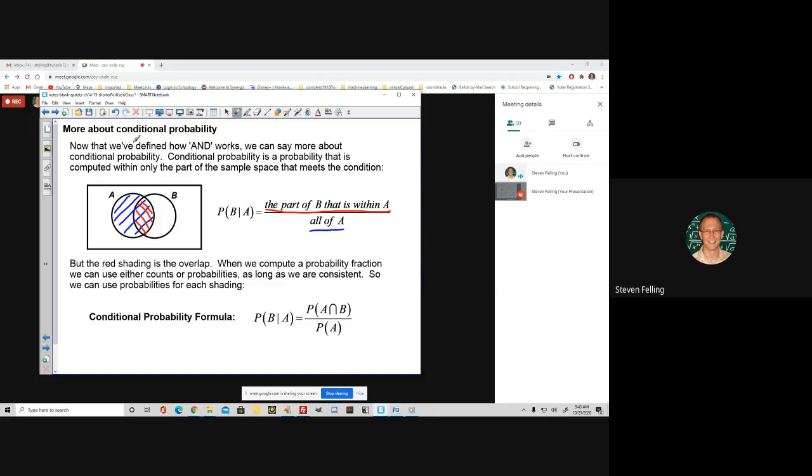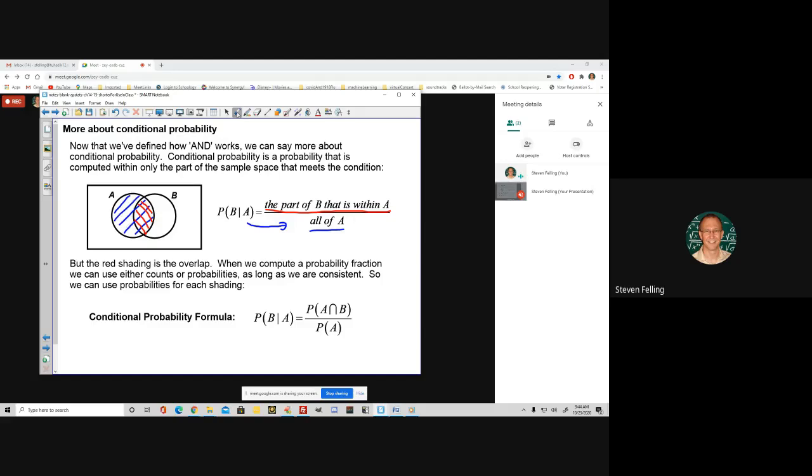Okay, a little bit first more about conditional probability. Now that we've defined "and," we can say more about conditional probability. We know that conditional probability is the probability that's computed within only a part of the sample space that meets the condition. So if I want to find the probability of some event B happening given that A happens, the bottom of the fraction is going to be A. In a Venn diagram, it would be this part of the sample space shaded in blue.